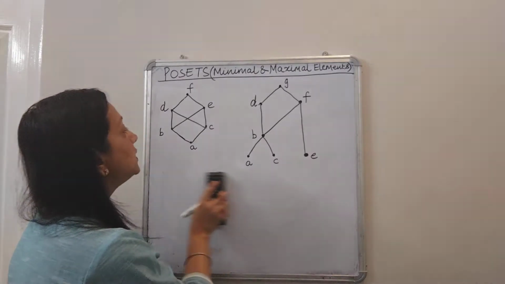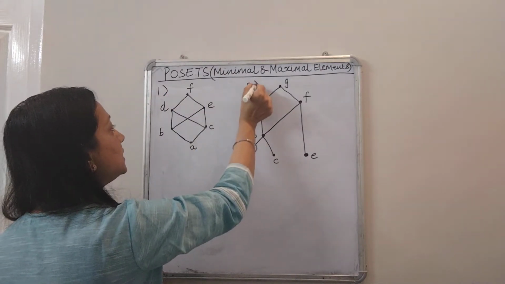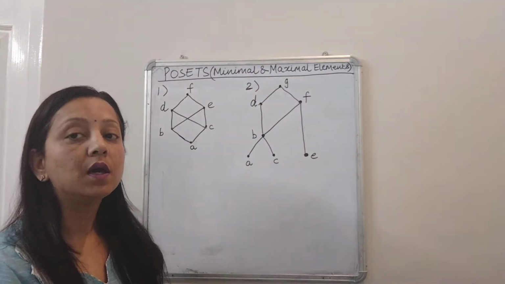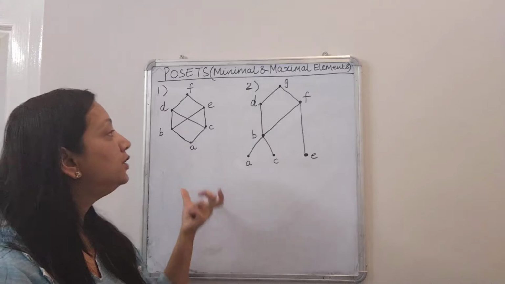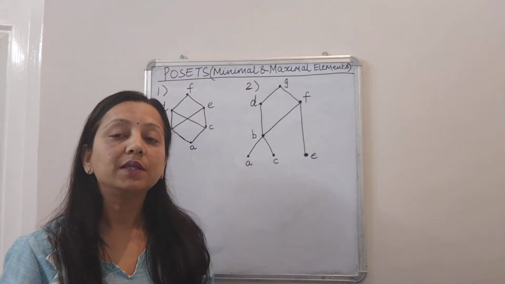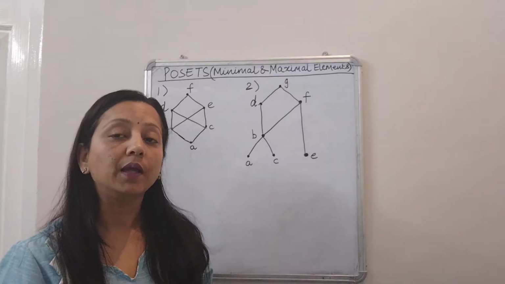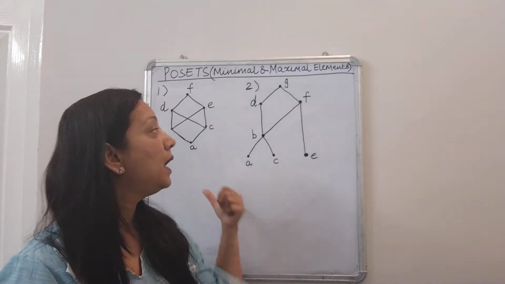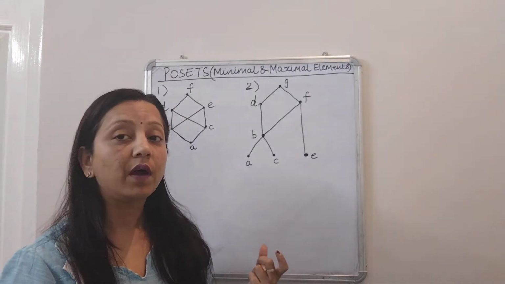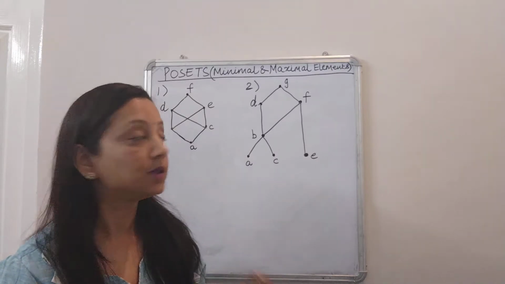Now, if I consider these two Hasse diagrams, the first and the second, how do I find a minimal element in these two diagrams? I will not get into any complicated definitions. I will just tell you in a simplified manner how you can find a minimal element, and also a maximal element, in these two Hasse diagrams.